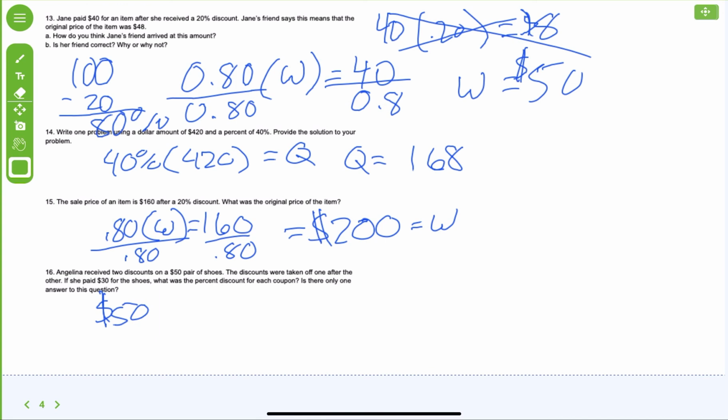Remember, there's more than one answer to this question. Okay? I'm going to make it up as I go. So I'm looking for the percent. I'm just going to throw out a percent.